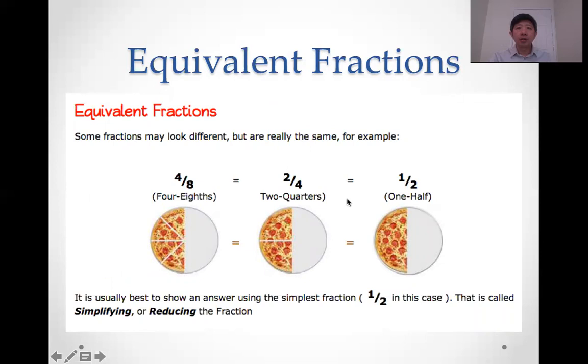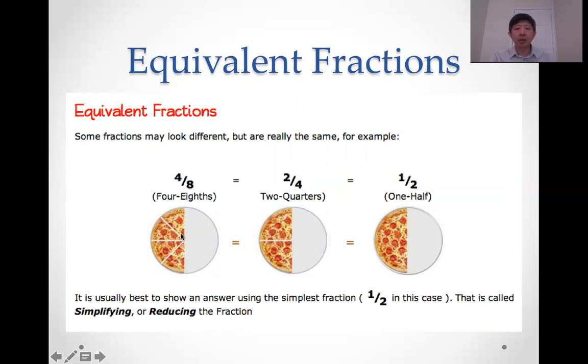The next is equivalent fractions. Okay, so some fractions may look different, but are really the same. For example, 4/8, which is 2/4. You see the quantity on the top, and it's the same.